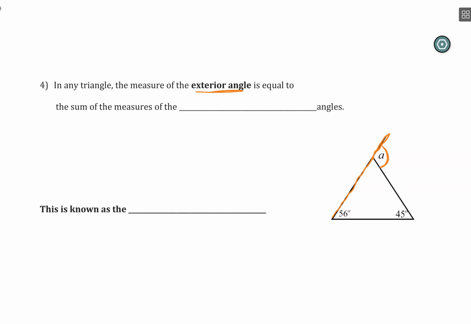That angle will always be equal to the sum of these two remote interior angles. We call these remote interior angles, meaning not the angle next to it, because that would be its supplement. The other two. So by definition, this says that A is equal to the sum of 56 plus 45.